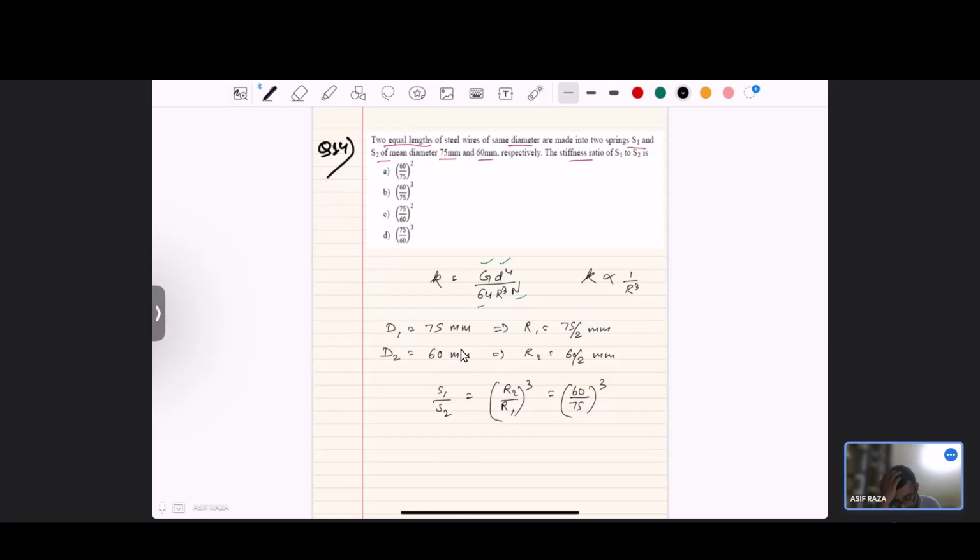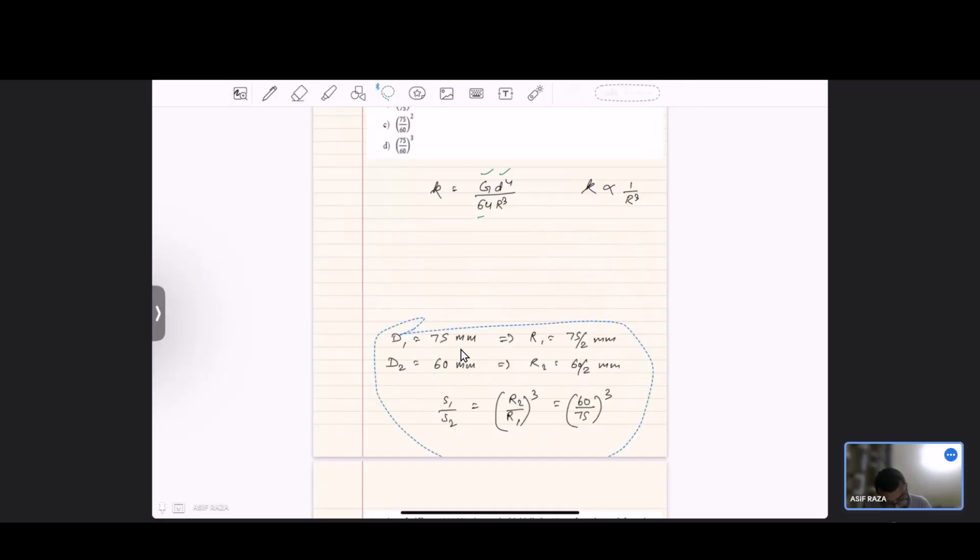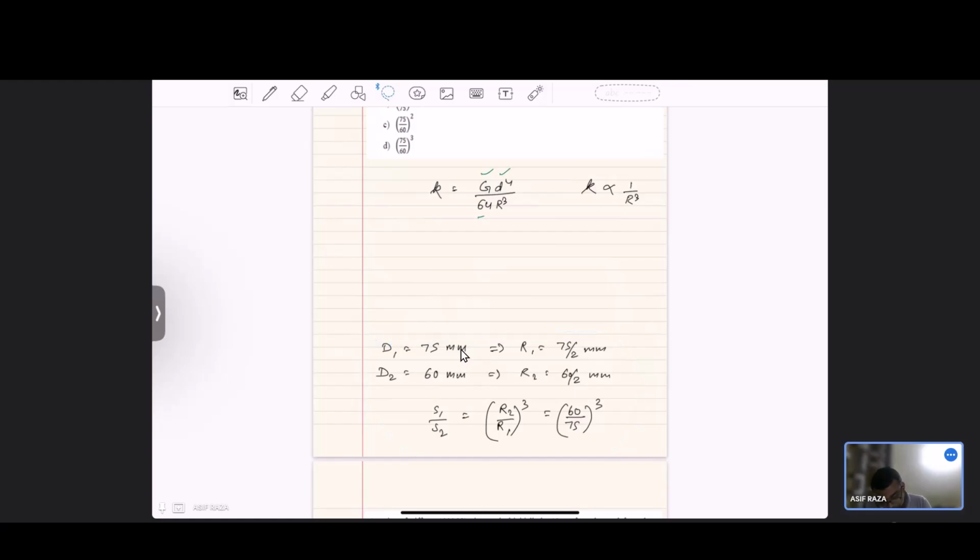The number of turns, and how can we convert that into terms of the radius of the spring? This is 64 into n.